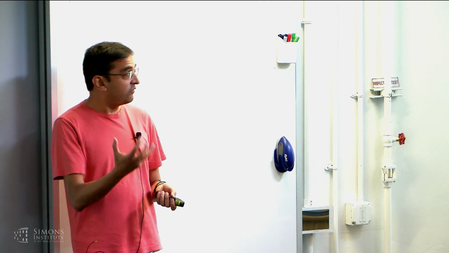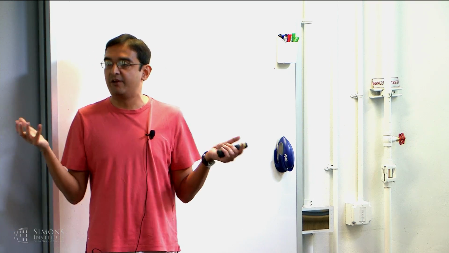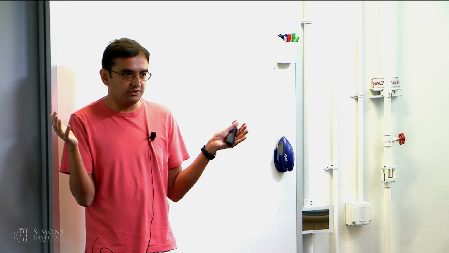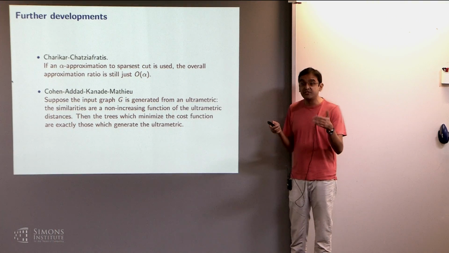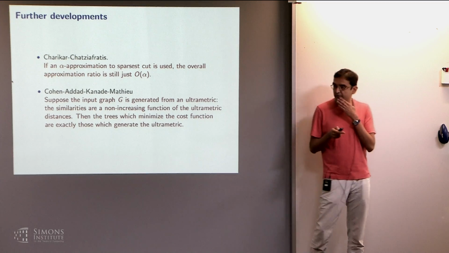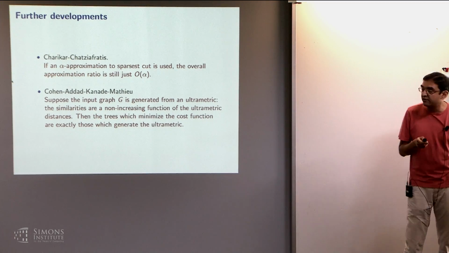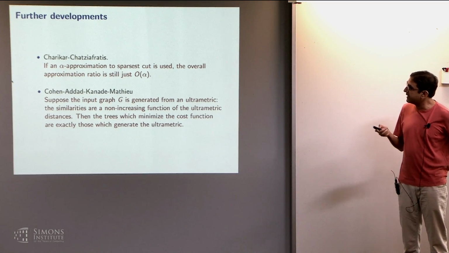And let's say your original similarity graph came from an ultrametric. So those similarity values are decreasing functions of the ultrametric distances, whatever the decreasing function is, okay? So a similarity graph has been generated as some decreasing function of ultrametric values. What can you say about the tree? And it turns out that the tree that minimizes this cost function is the generating tree for the ultrametric. Okay, so it's a recovery property, and that's a very nice recent result.